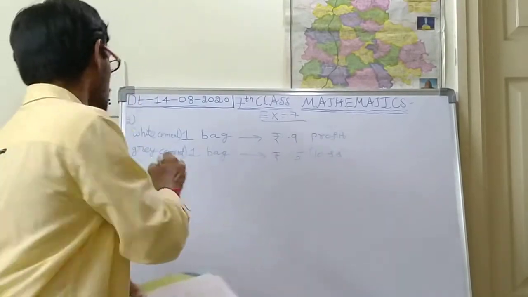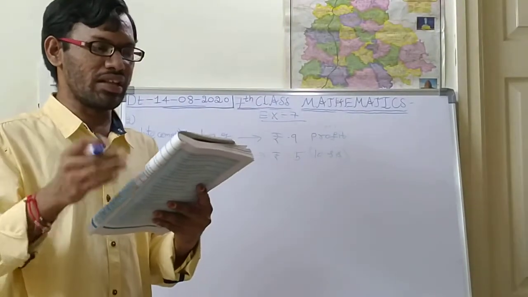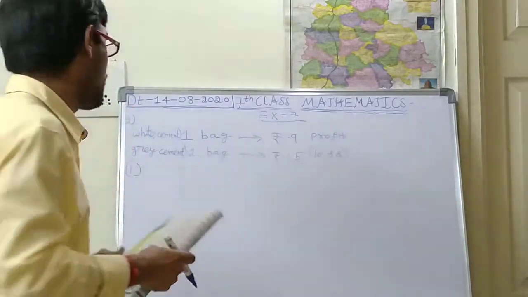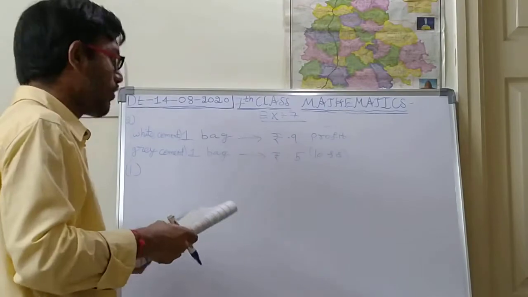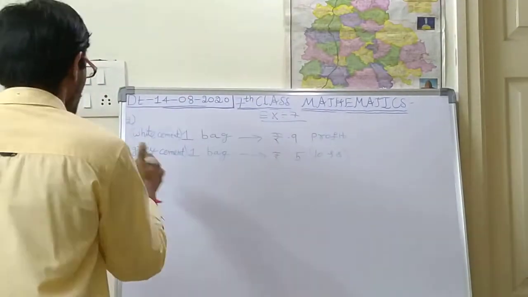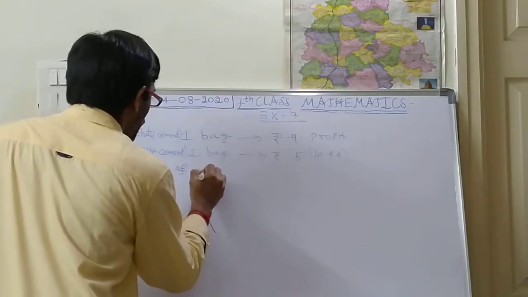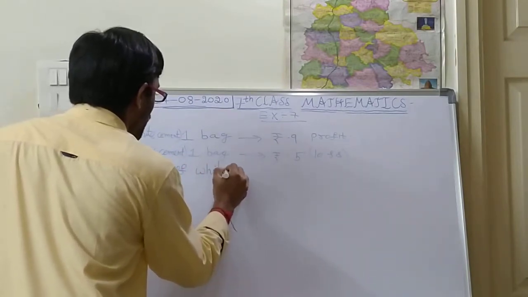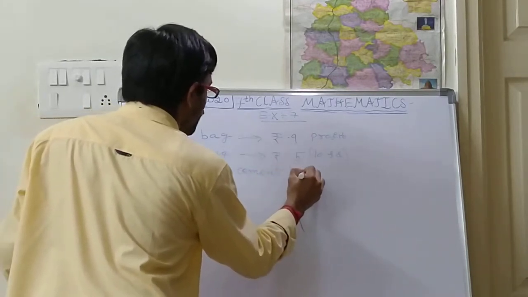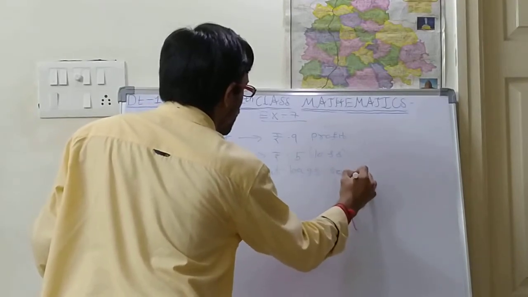Okay, so this is the given data in this question. Now the first question. What is the first question? The company sells 7,000 bags of white cement. How many white cement bags are they selling? 7,000 bags. So, number of white cement bags sold.